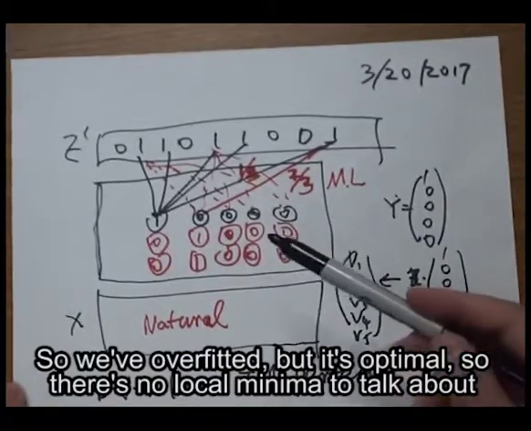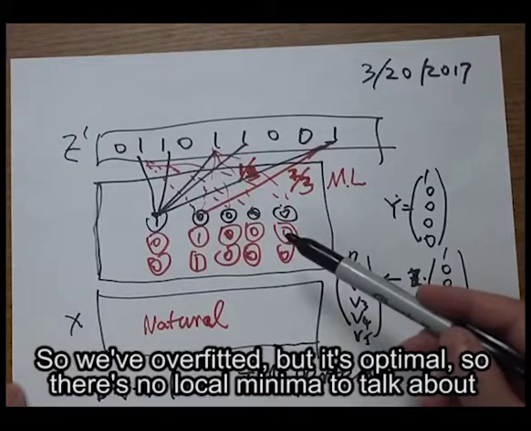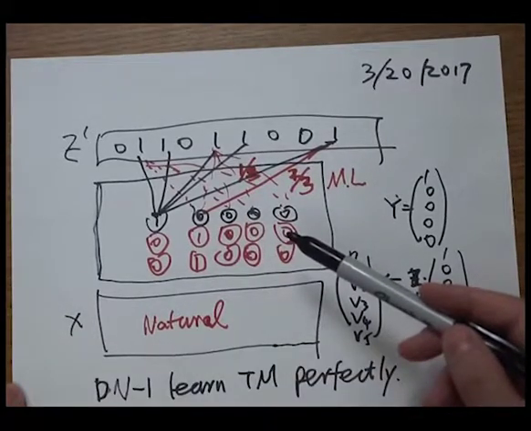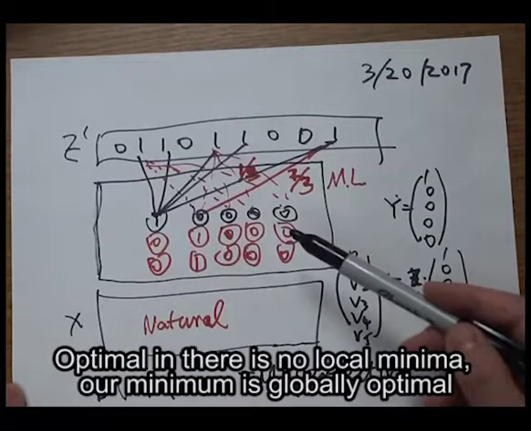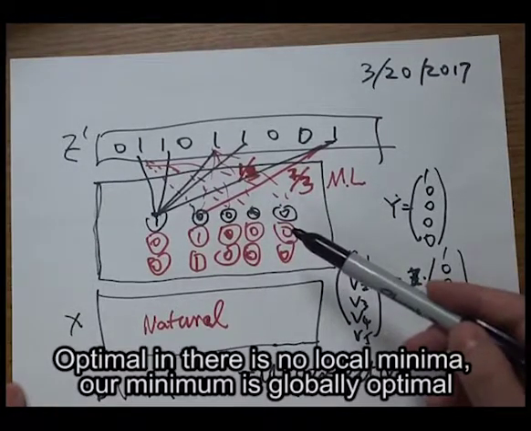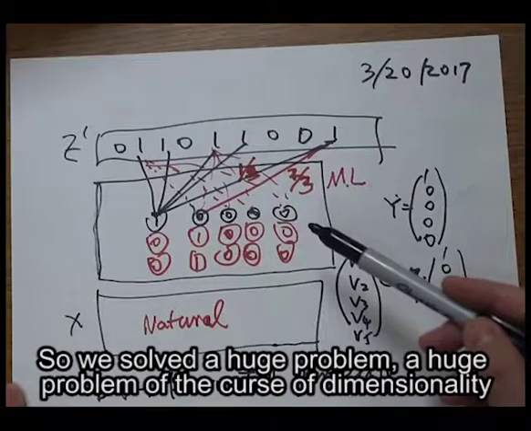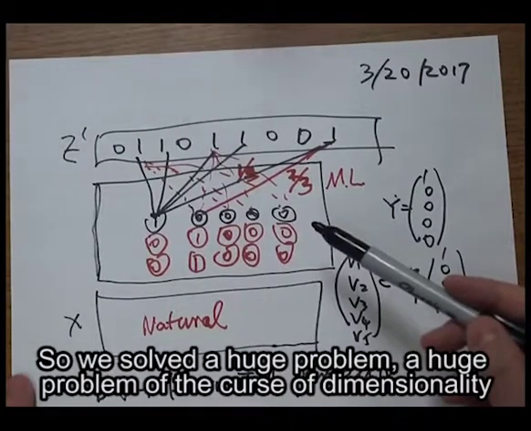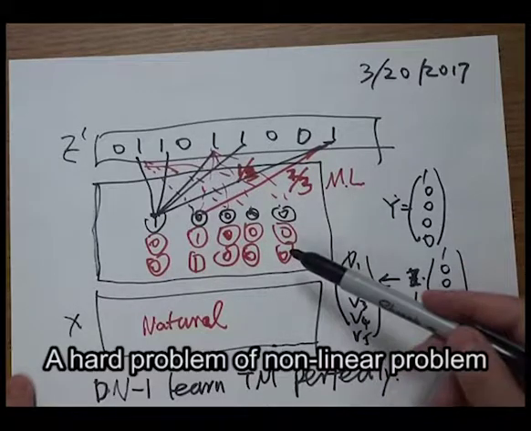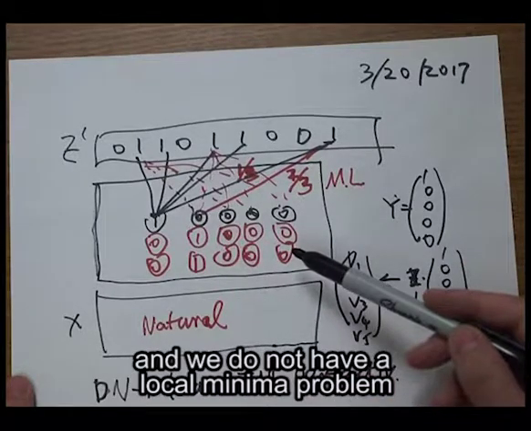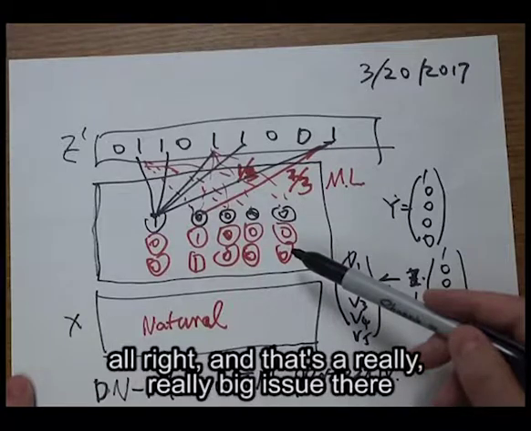So there's no local minima to talk about, because optimal means there's no local minima. Our minimum is globally optimal. So we solve a huge problem, the curse of dimensionality. It's a highly nonlinear problem, and we do not have a local minima problem. That's a really big issue here.